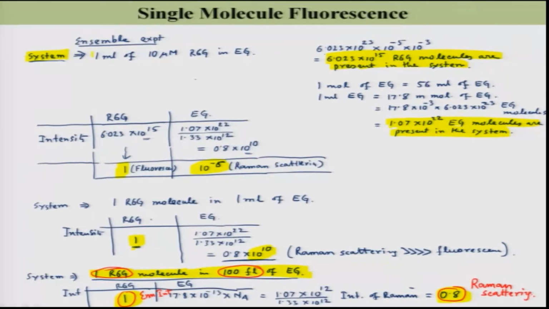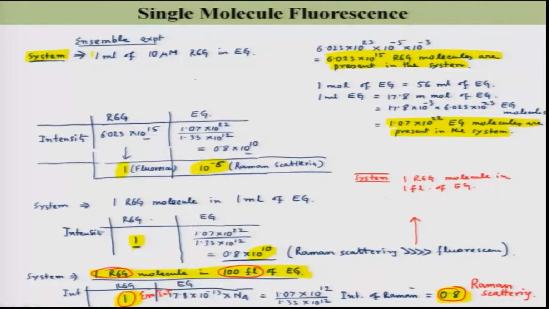Now, if you further decrease from 100 femtoliter to 1 femtoliter, then this value will be 0.008, right. So, if you further decrease the volume of the sample, that means my next system, which is my system for future studies, is 1 R6G molecule in 1 femtoliter of ethylene glycol.